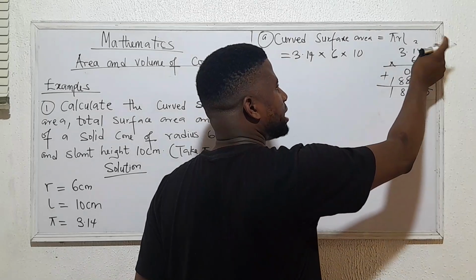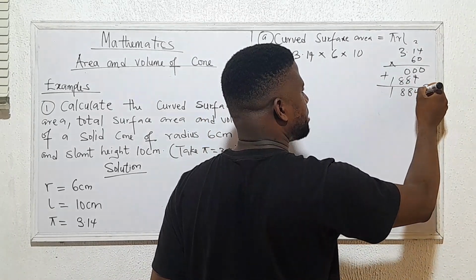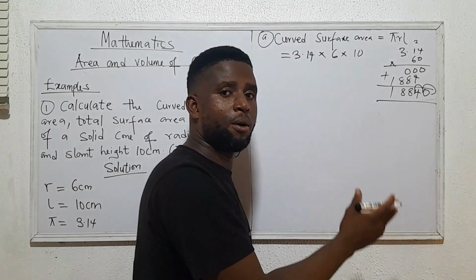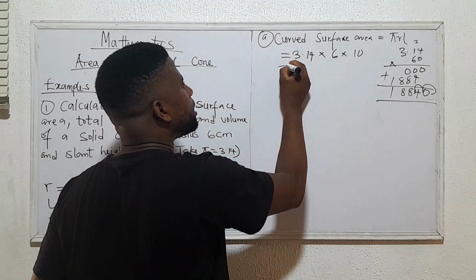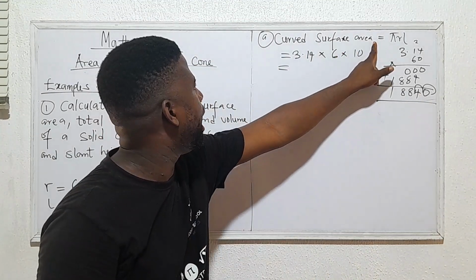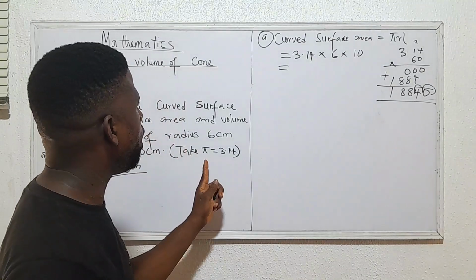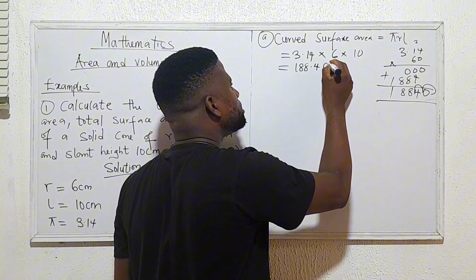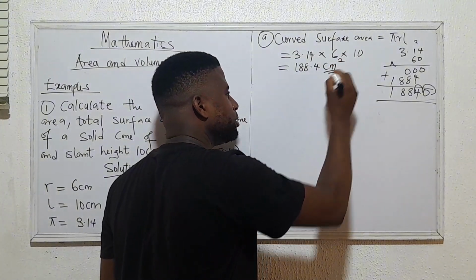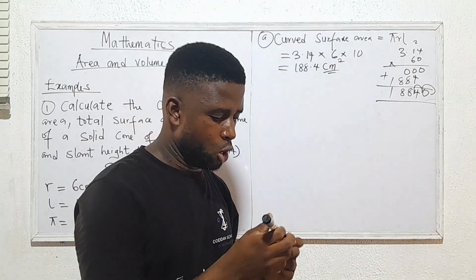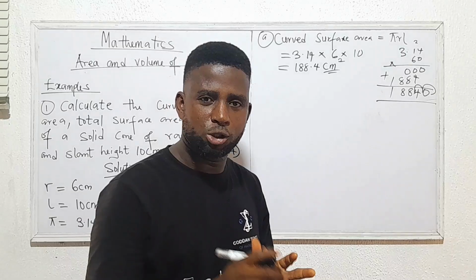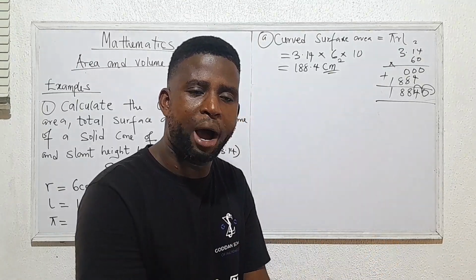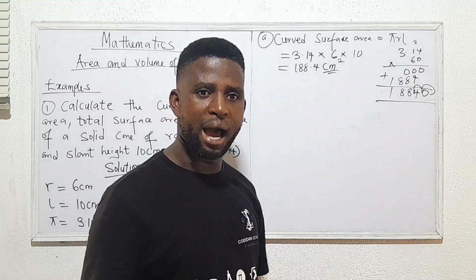Now, there are two numbers after the decimal point, so we move our decimal point backward twice. This gives us 188.4, which means that the curved surface area of the cone is 188.4 centimeter squared. That's very easy, right? Just know the formula that you have to use. The curved surface area of a cone is given by pi R L, right?